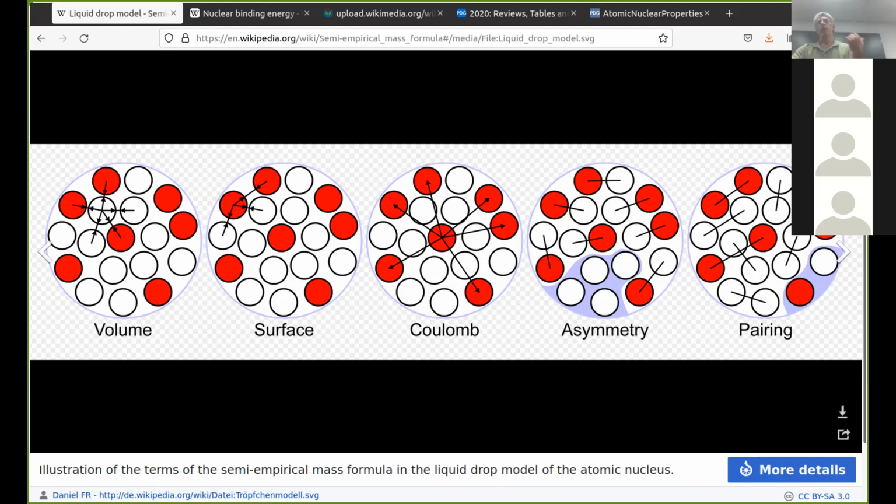Or I can have even-odd nuclei where I have an even number of protons and an odd number of neutrons, or vice versa. Or I could have what's shown here, an odd-odd nucleus that's got an odd number of protons and hence 1 left over, and an odd number of neutrons and hence 1 left over, right?